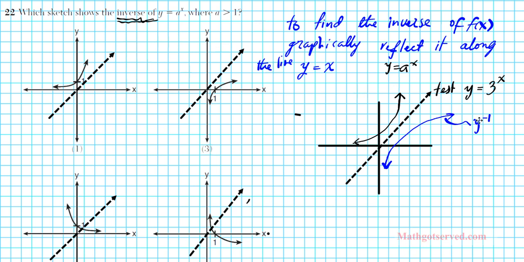This is the inverse of that function. It's basically log base 3 of x. It doesn't ask you for that, but I'm just telling you what it is. Okay, so which of these options looks like the blue function? The reflection of the exponential function along the line y equals x. We can clearly see that the answer is option number 3. Okay, so that's your answer.